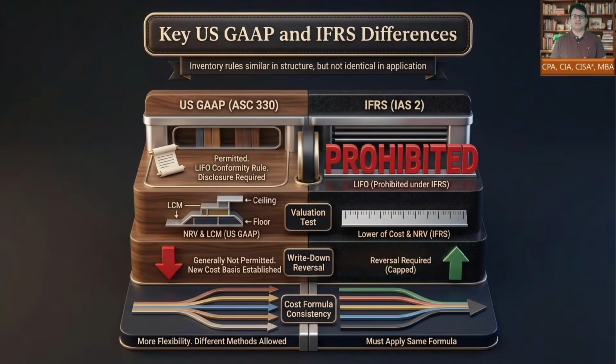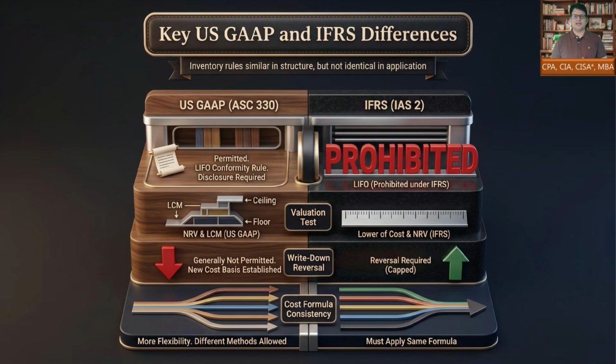The key US GAAP and IFRS differences are very exam friendly. First, last in, first out is permitted under US GAAP with conformity and reserve disclosure requirements, but last in, first out is prohibited under IFRS.